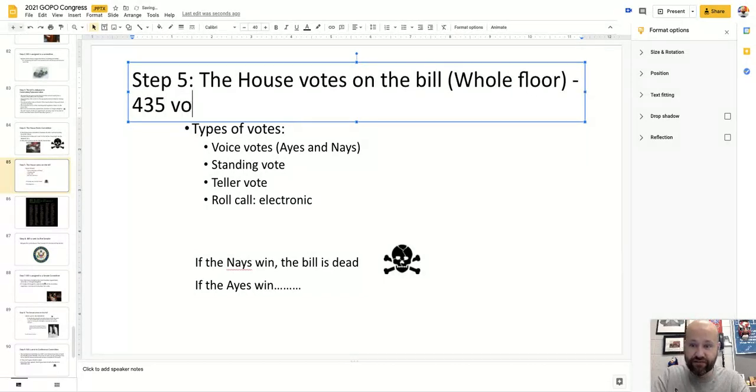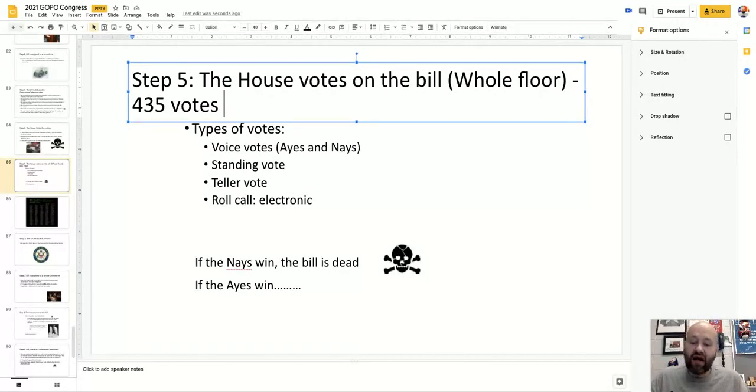435 votes. All right, there's a few different types of votes. The first one is ayes and nays, I guess they say aye. And yeses and nos. There's also stand up if you want to vote for it, or sit down. There's also a teller vote where the teller of the floor goes around and writes down who votes for what.